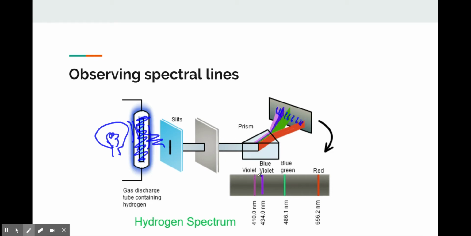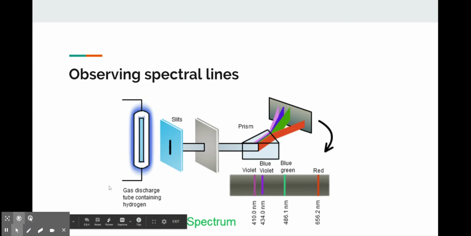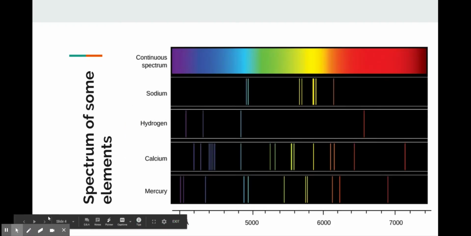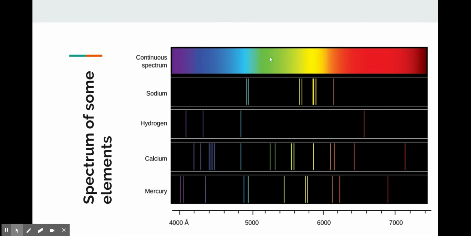So instead of just seeing these four certain bands, we'd get the whole continuous spectrum. When we talk about the continuous spectrum, that's the kind of spectrum that's a rainbow, right? That's what you get from white light going through this. But these are emission spectra. They are certain distinct bands.